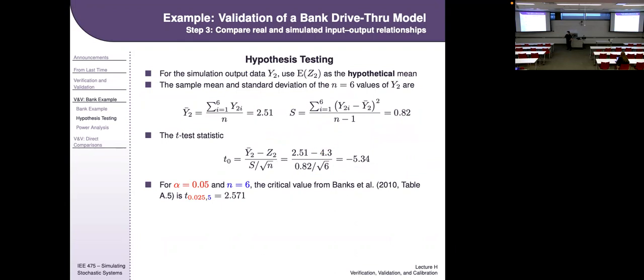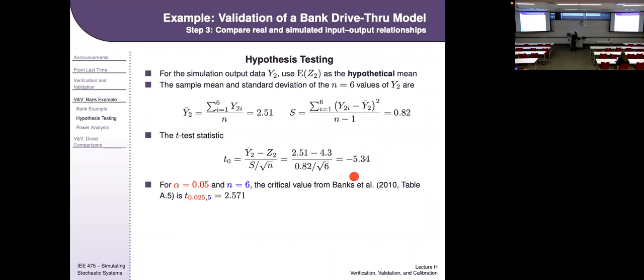So what we're saying is, assuming that the standard deviation of my real system matches my sim system, we take that as an assumption, is it possible that this mean that I got from 6 replications could have been from a distribution whose real mean was 4.3?